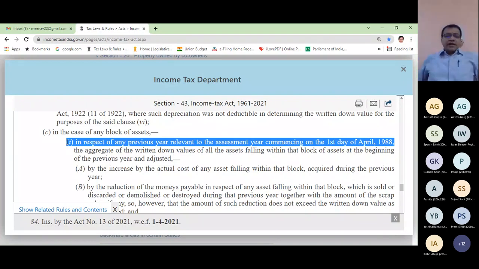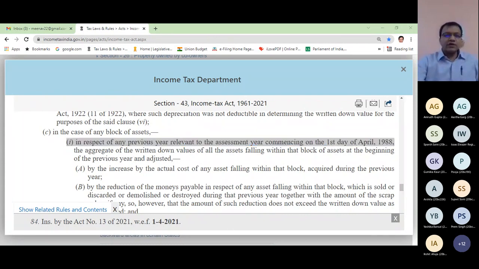Can anyone try to make an attempt and tell me the simple meaning of this line 1? Read it carefully and try to tell me the meaning. Anyone who can try?